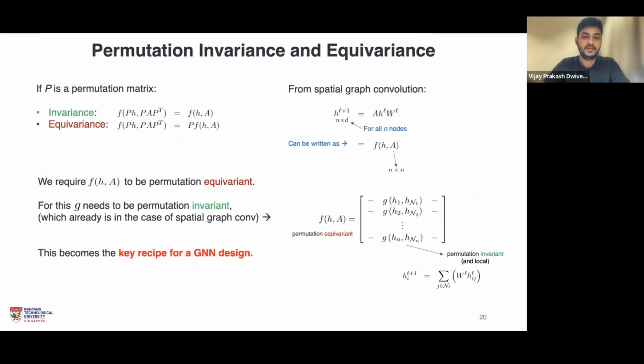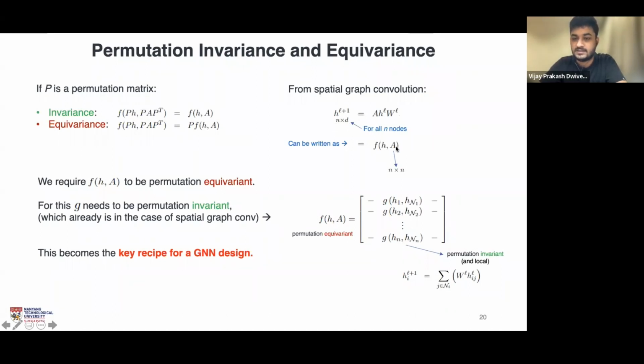Before moving ahead, I'll try to formalize permutation invariance and equivariance from whatever I discussed earlier. Say we have a function f, which is a GNN model, for example, that we want to learn on a node feature matrix H and A. H has dimension n cross D, where D is the feature dimension and n is the number of nodes.